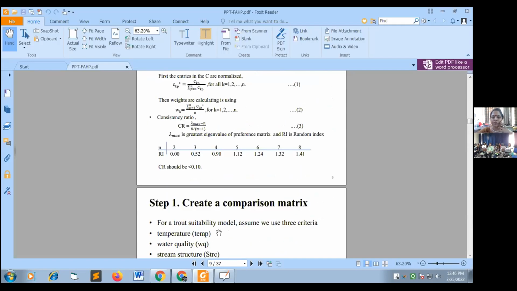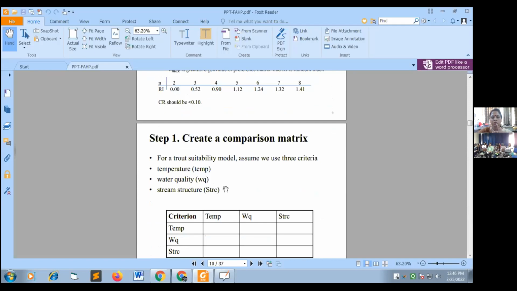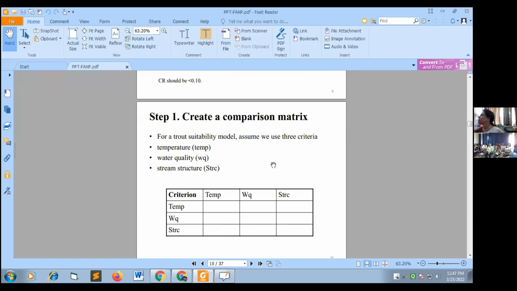Step 1: how to create the comparison matrix. For example, suppose we are building a trout suitability model for fish. We use temperature, since temperature should be right.